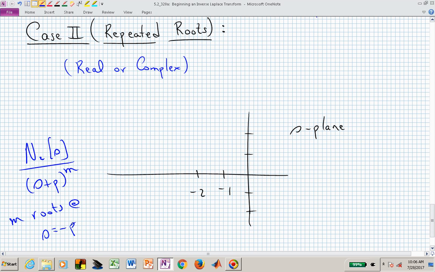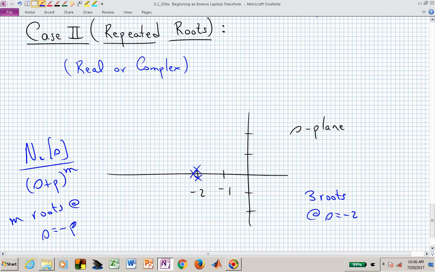They would be repeated. For example, in the s-plane, if we had 3 roots at s equal minus 2, then we would have the repeated case, and a lot of times I will actually indicate that by sort of moving them away from each other, but in fact, all 3 of those poles are exactly at s equal minus 2.